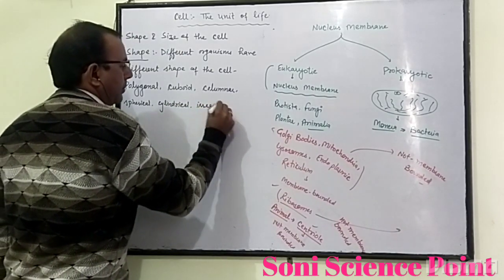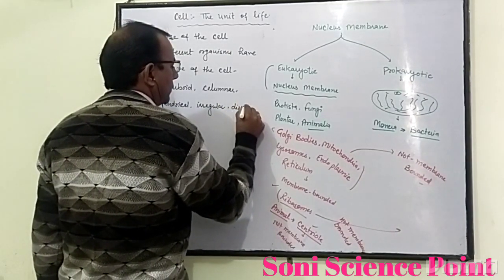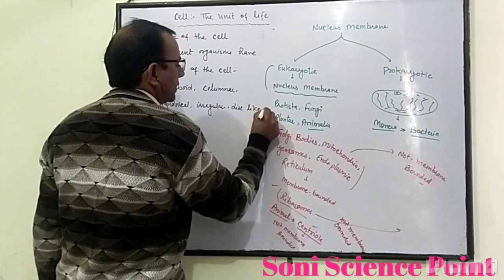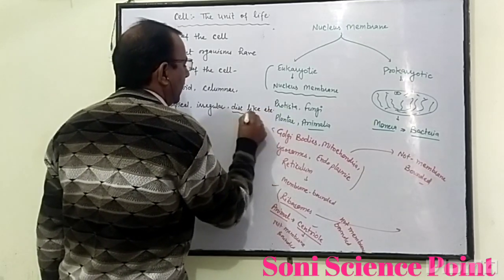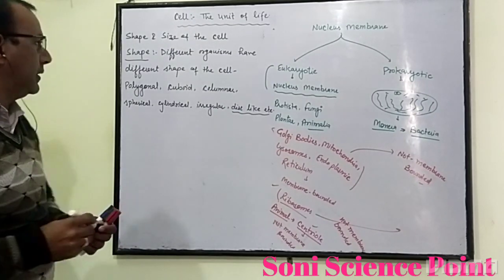There is no definite shape, disc-like, etc. So we can say that in different organisms, the shape of the cell is also different.